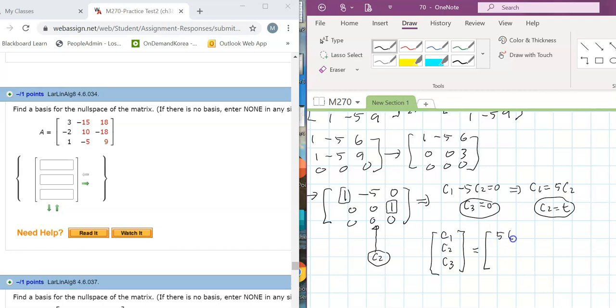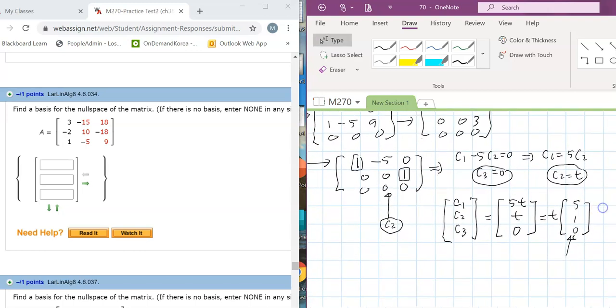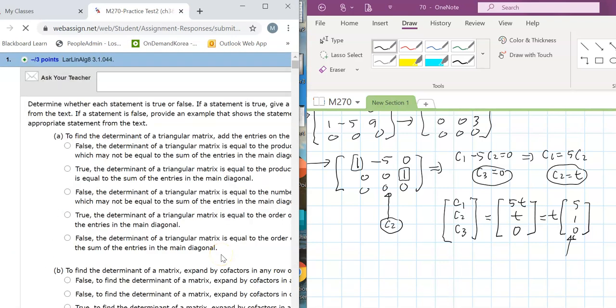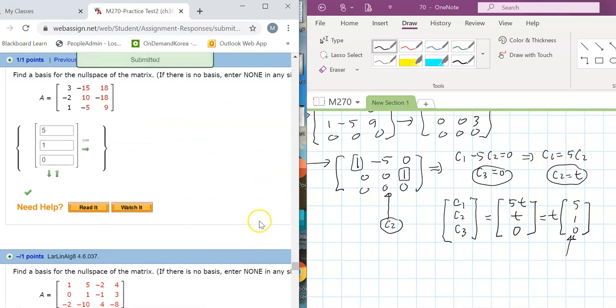So 5T, T, 0. So it's going to be T times (5, 1, 0). Okay, so only one vector spans. So you write 5, 1, 0 there. Submit the answer. Okay, that's it. So that is additional help you guys may need.